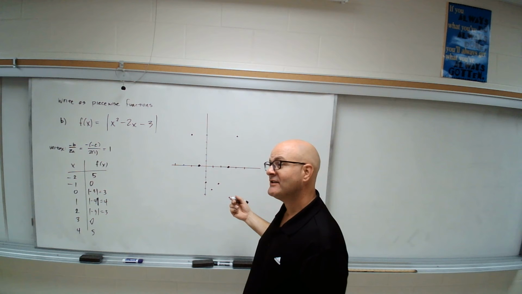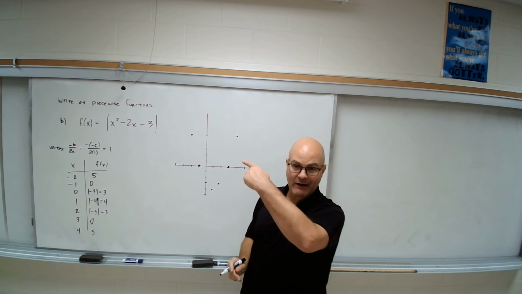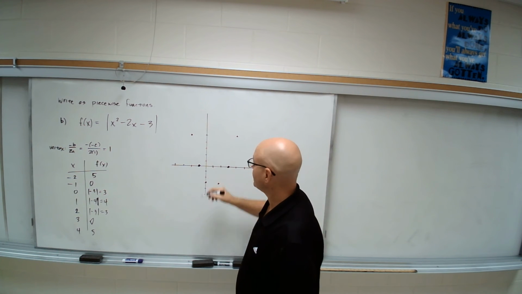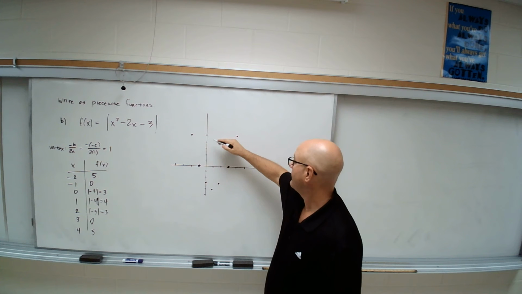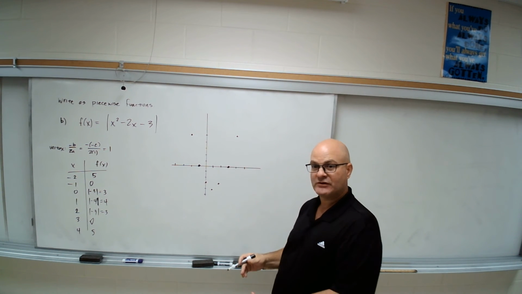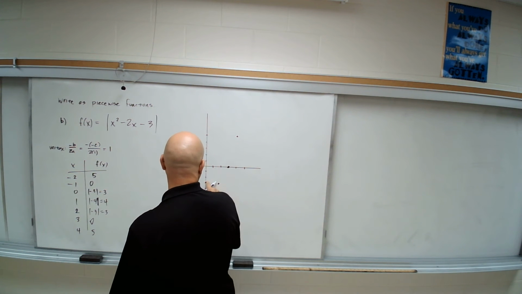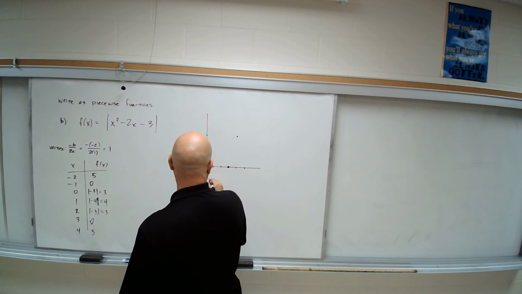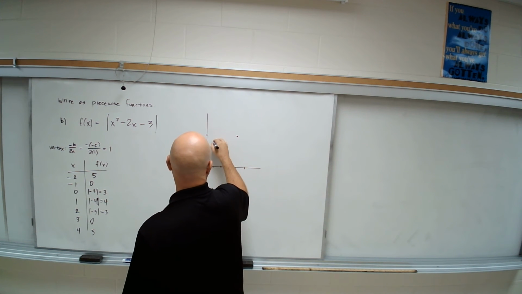Now, when we change it to absolute value, these points below the x-axis are now above the x-axis, right? So it's taking a parabola, and it's just going to swing it up to the top there. So these points won't actually be here. This will be 3, 4, 3.